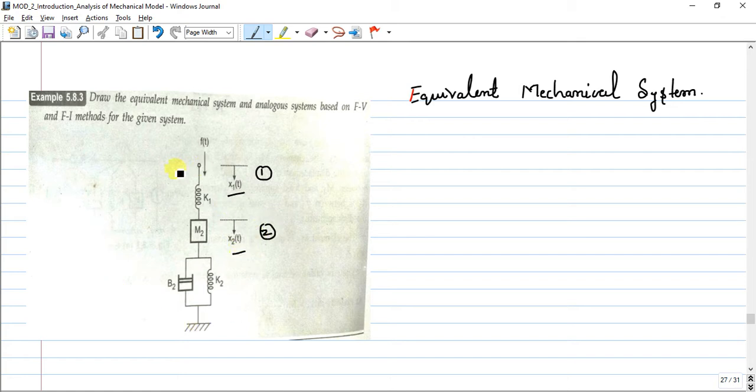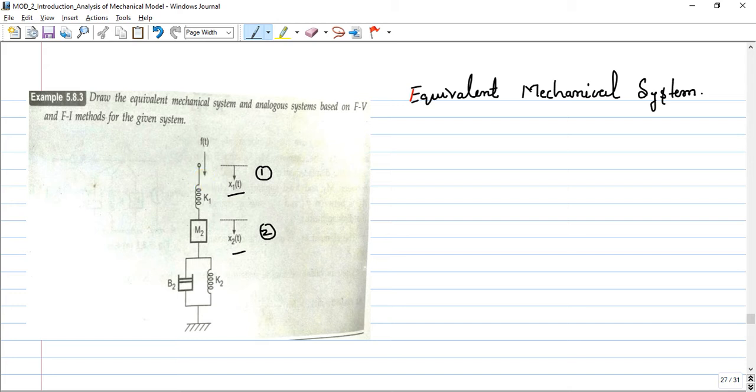If you want to analyze this system, there is a fixed support at the bottom, and we have K2 a spring, friction, mass M2, and we have one more spring, that is K1, and you can see the force action. Okay, so now we shall consider its equivalent mechanical system, nothing but the nodal diagram.